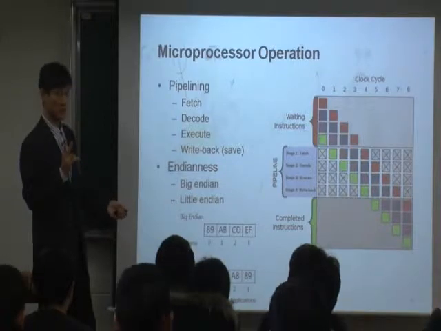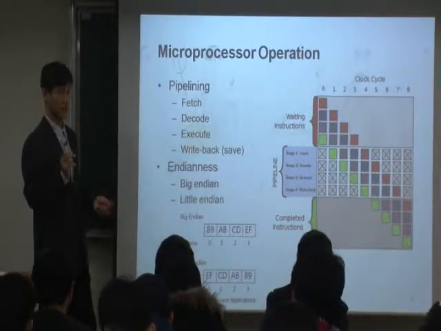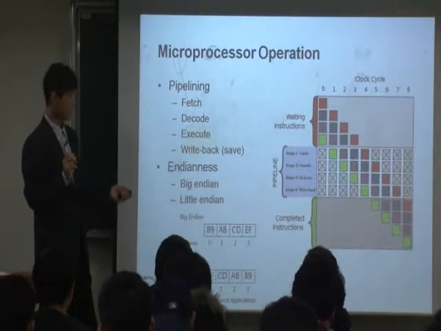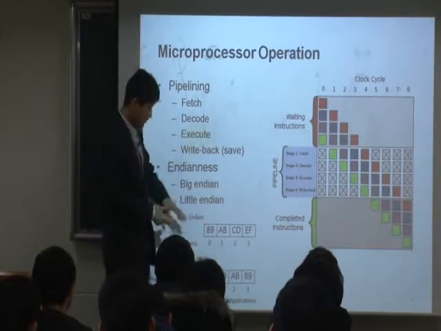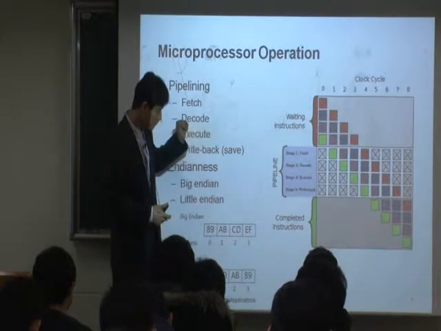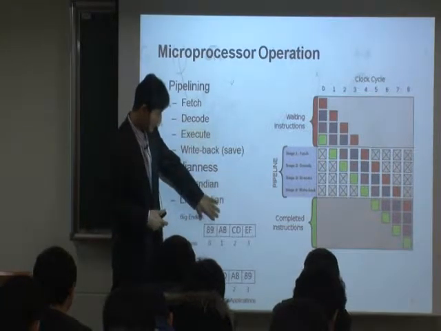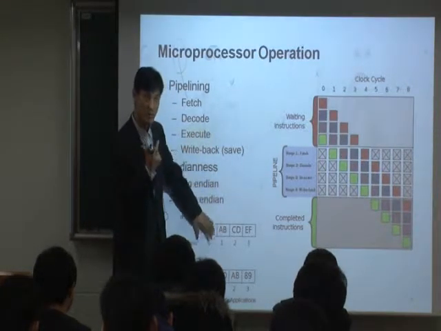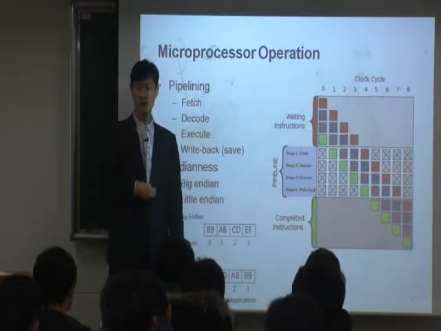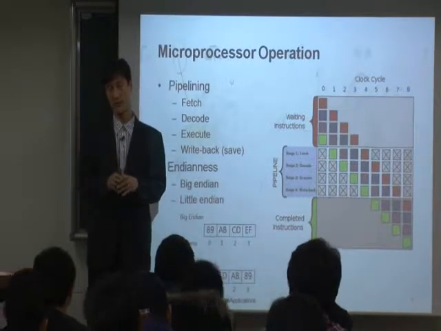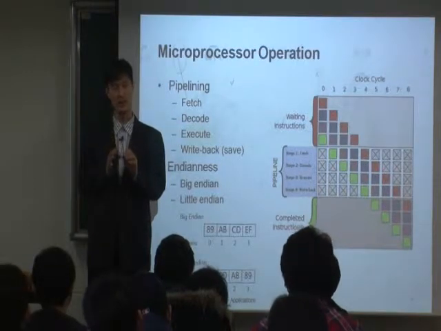So what is Endianness? We have 2 different Endianness: big Endian and little Endian. Here's an example. As I said, the address is always a byte address. But in C, let's say you write a program on your PC and declare an integer.